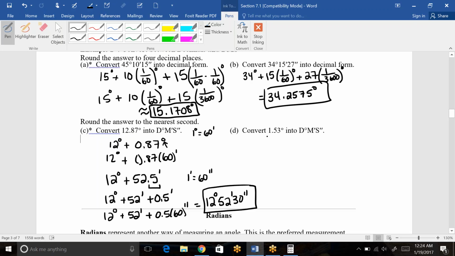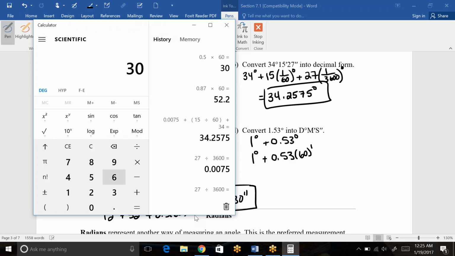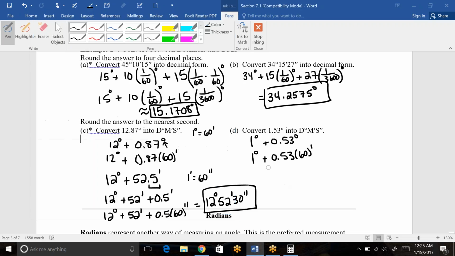Okay, and then this one, we have 1 degree plus the 0.53 degree. We will multiply that, just the decimal part, by 60 to turn it into minutes. So 60 times 0.53 is 31.8. That's now in minutes.